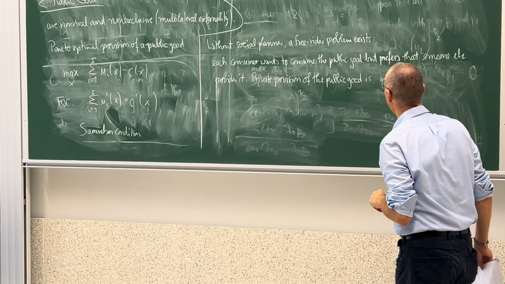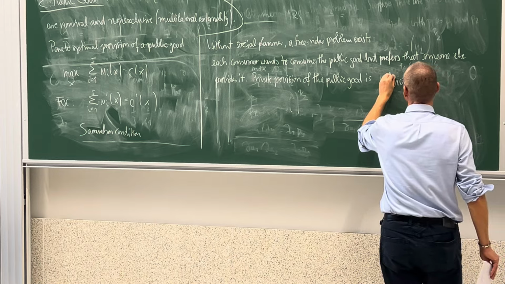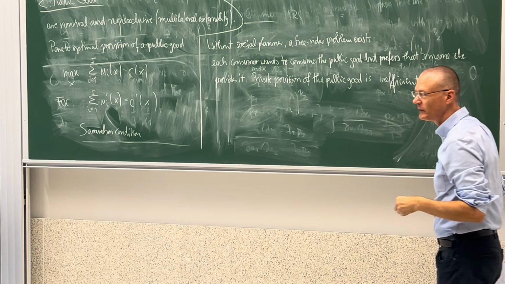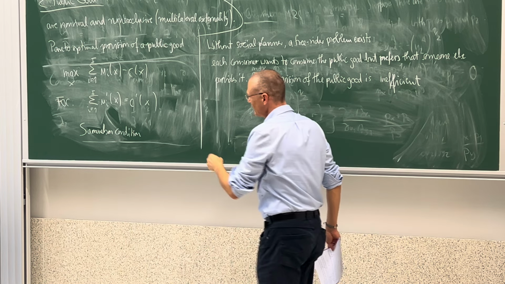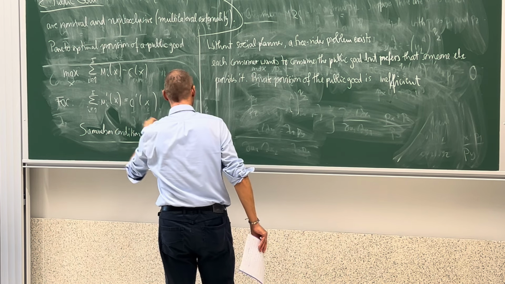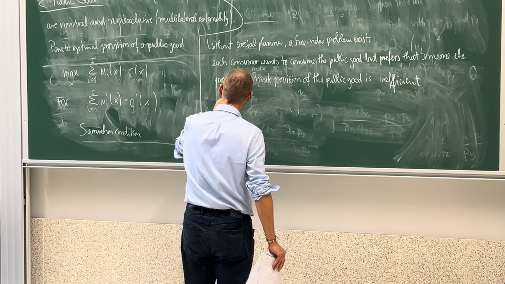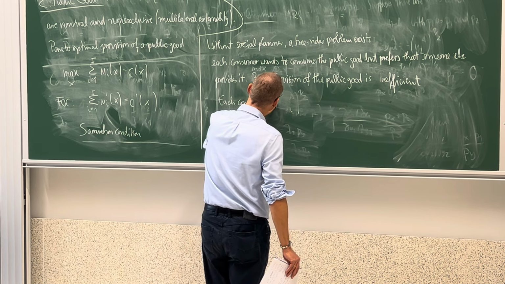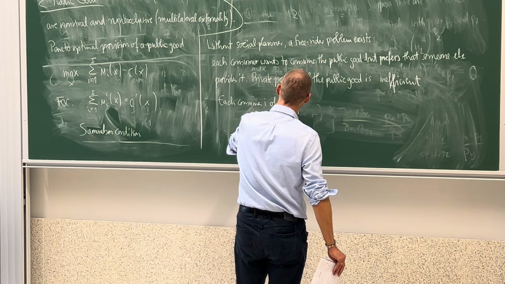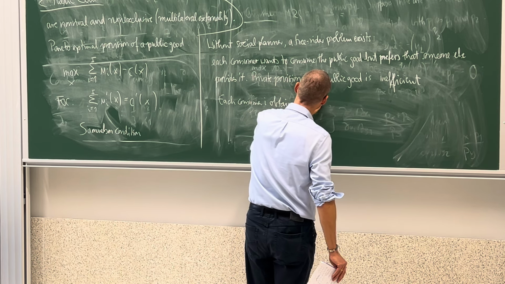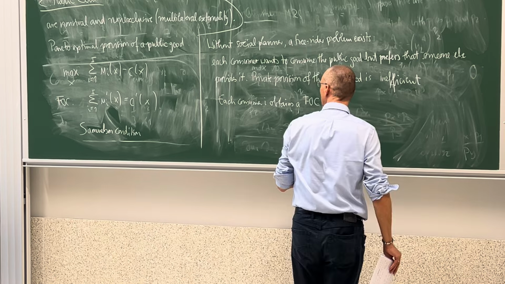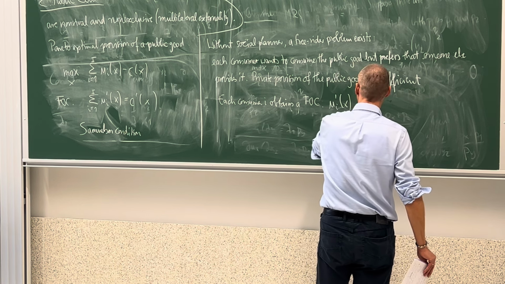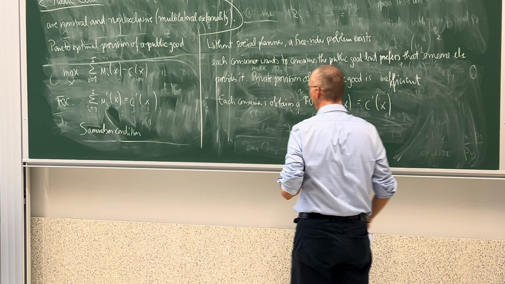Each consumer maximizes individually their own utility, so each obtains a first order condition, which is U_i prime of x equal to C prime of x.